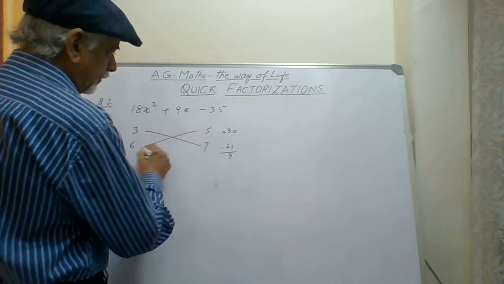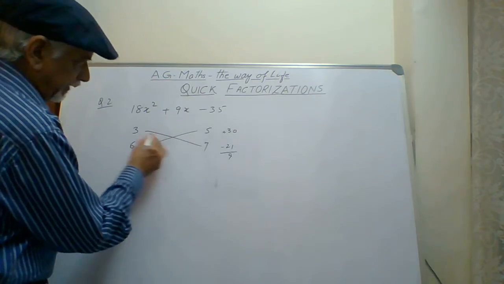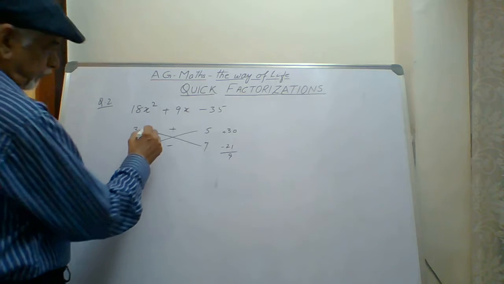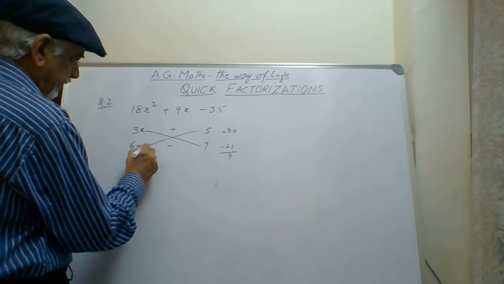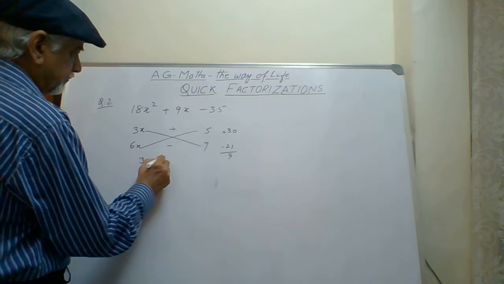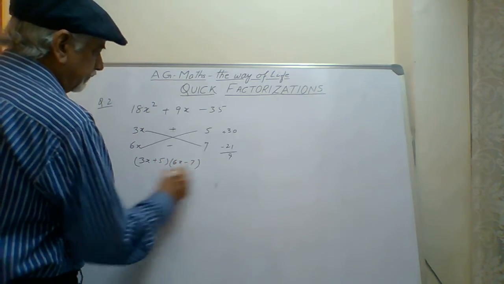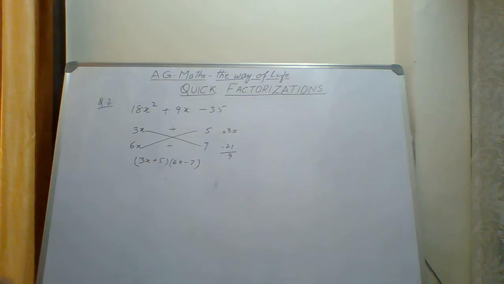So this has to be positive, this has to be negative. So plus here, minus here, and this is x, this is x. So 3x plus 5 and 6x minus 7. This is my result.